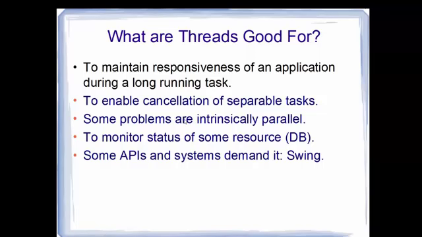It can create a thread for that. Next is to monitor the status of some resource, for example your database or some APIs, and when the system demands it, like your Swing applications in Java. So these are the situations in which you can use threads.